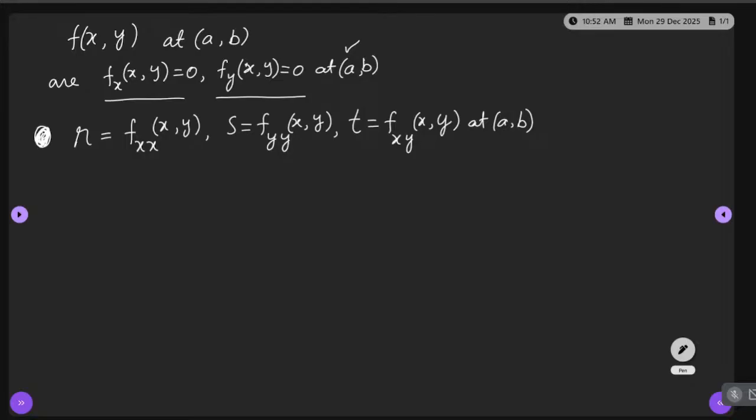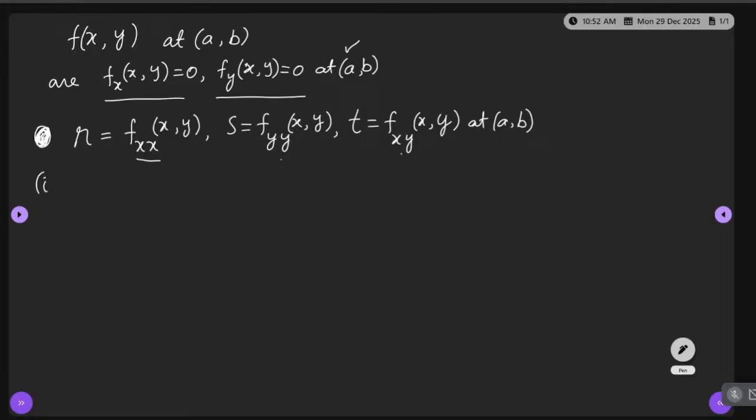What is fxx? Differentiating with respect to x 2 times, keeping y as constant. With respect to y 2 times, keeping x as constant. First with respect to y then x, or first x then y, both are same. So r, s, t you have to find.